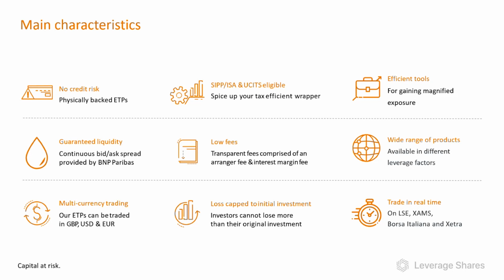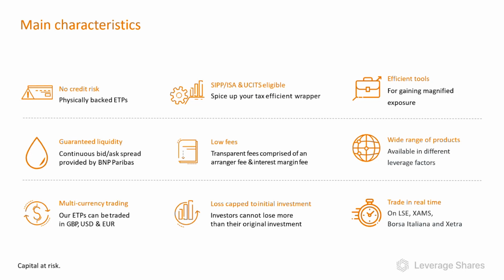We offer also treasury bonds and far more choice. And of course, our products are on London Stock Exchange, on Euronext Amsterdam, Borsa Italiana, or Xetra, Frankfurt Stock Exchange in Germany. So you have the choice as well on which stock exchange you would prefer to trade our products.